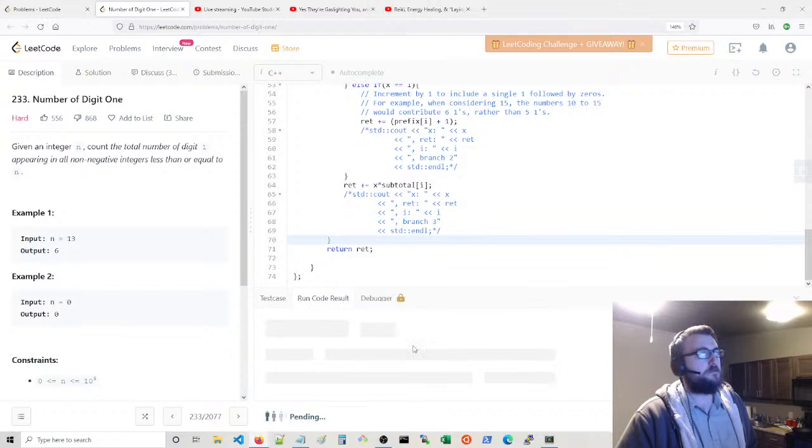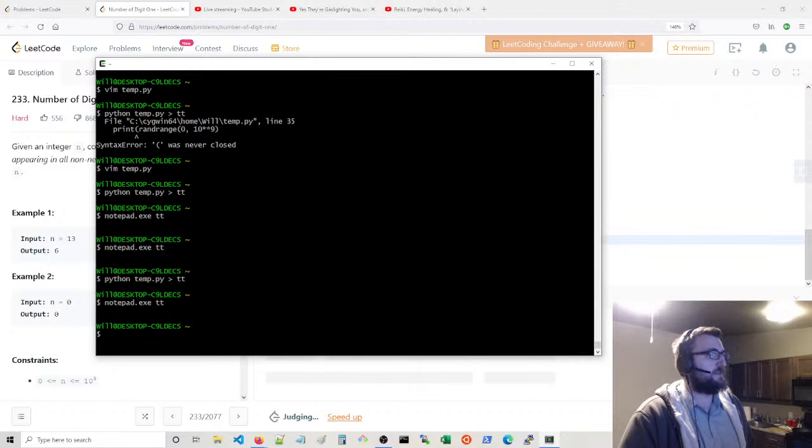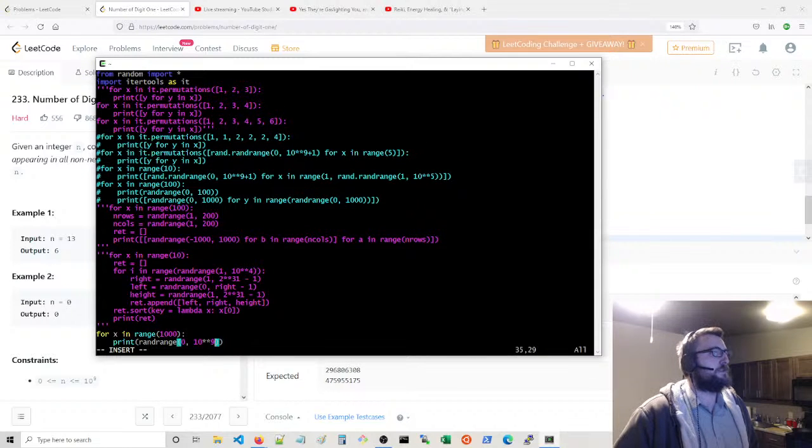Let's reduce the random range to something a little more. Let's go to 10 to the third or 10 to the fourth. Let's do 3,000 numbers.